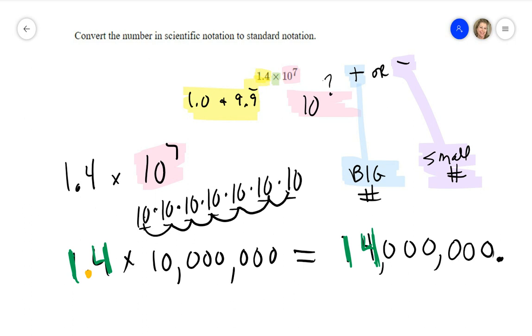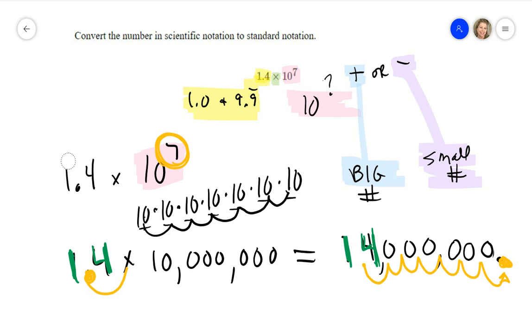And then the decimal, which started right here, is now back here. It moved from here 1, 2, 3, 4, 5, 6, 7 places, which is what my exponent was, 10 to the 7th. Ta-da! You just move your decimal point.